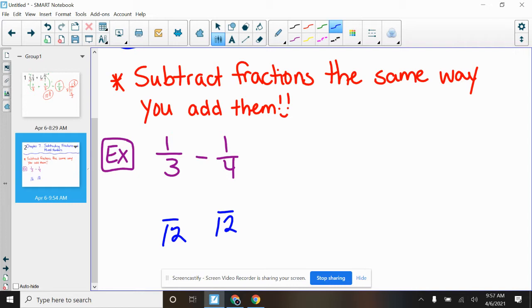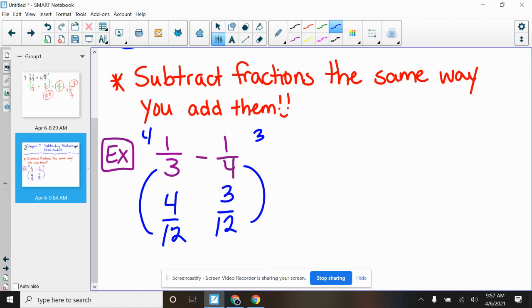Yeah, I would then divide my denominators. So Emily, once I divide my denominators and then multiply that by the numerator, what would this become right here? This divided by this is what? 4. And then 4 times that is, so this would become a 4. What would this side become if I did all that same stuff? And then 3 times 1 is 3, okay?